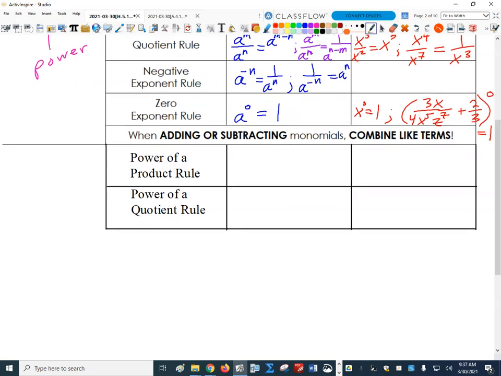If I have some base, no matter how complicated, to the 0 power, it's 1. Everybody see that? Okay.